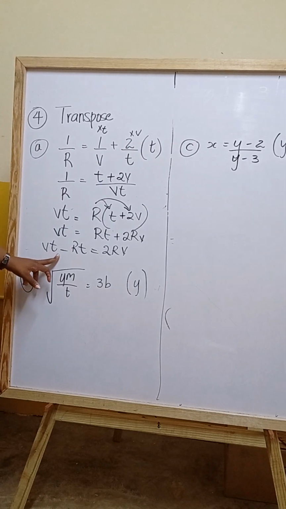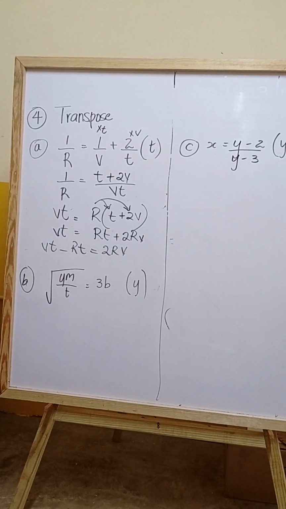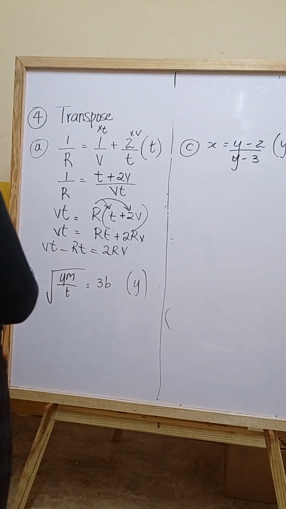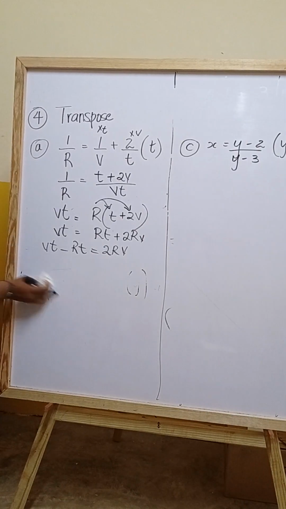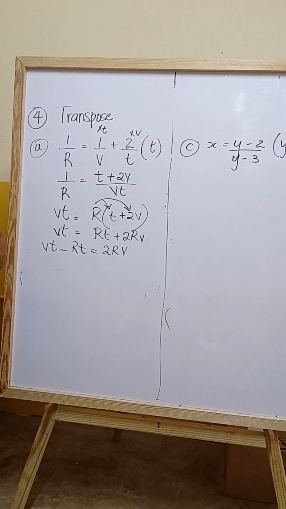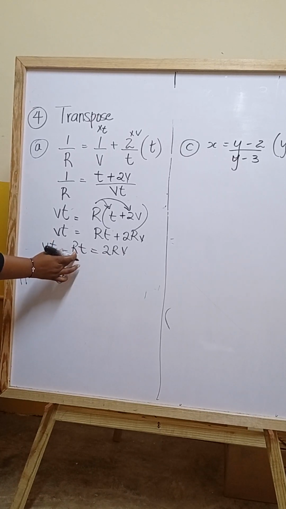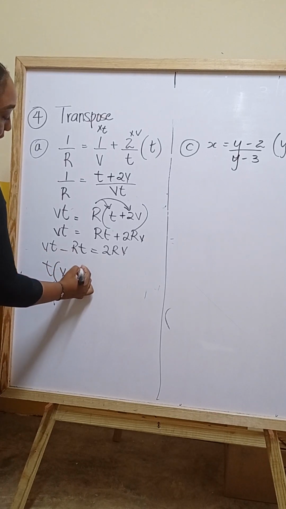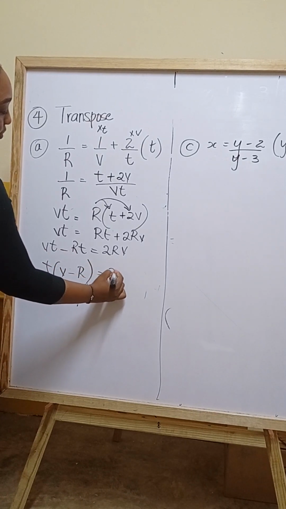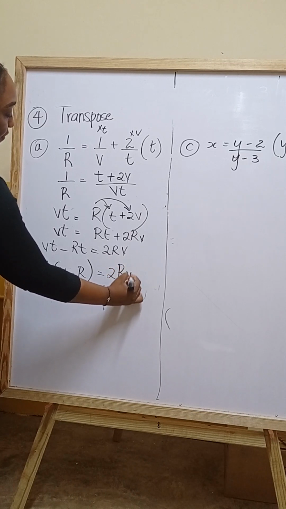Now we need to factorize so that we have only one T on the left hand side. So if we look at VT and RT, what is common is T. So T into VT is V, T into RT is R, so we get T times V minus R, and that's equal to 2RV.